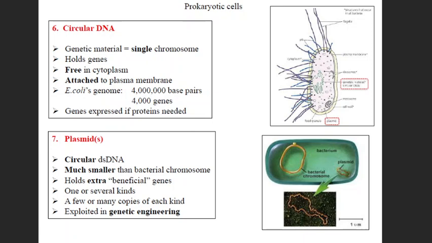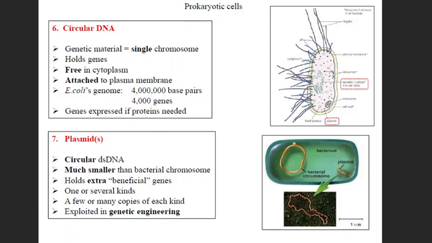Out of these, there are around 4000 genes which can express into mRNA and protein, coding for functional products. So a typical bacterial cell like E. coli has 4000 genes.